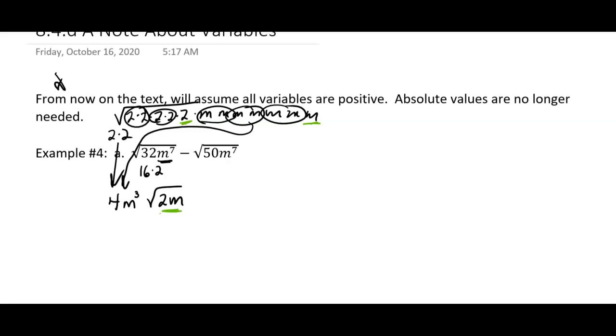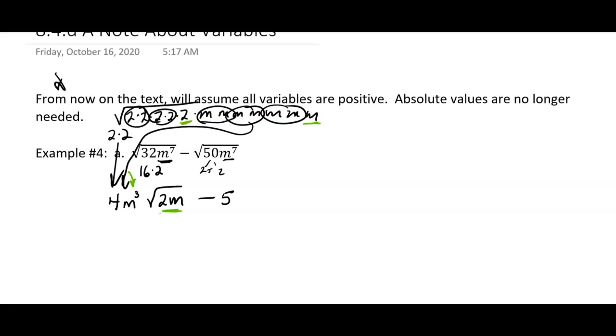Now a note. That 3 that I wrote right there, be careful that it doesn't look like your index. That's a 3 that's an exponent on m, and we have a square root, and we don't want to change it to a cube root. That would be wrong. Okay, so we'll do the next one. Minus the square root of 50 m to the 7th. 50 is 25 times 2, so I'm going to have 5.